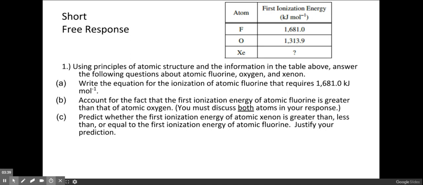So depending on whether this is a period issue or a group issue or some of both, you will need to mention that effective nuclear charge, or you're going to need to mention energy levels or something in your justification. So pause the video here, talk amongst the folks in your group, y'all come up with a reasonable answer, and then we will move on and check those 3 answers.